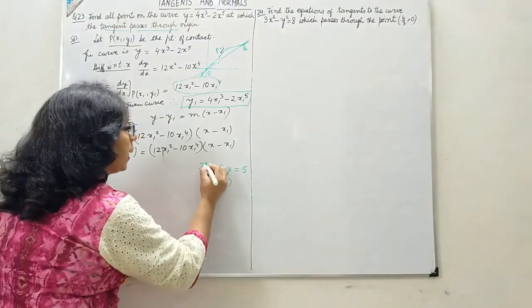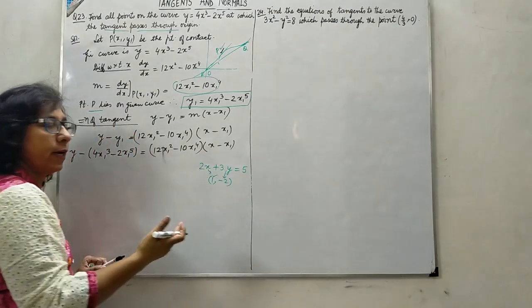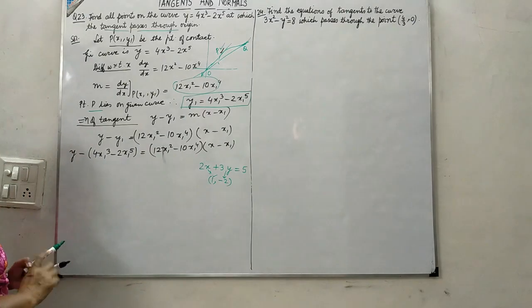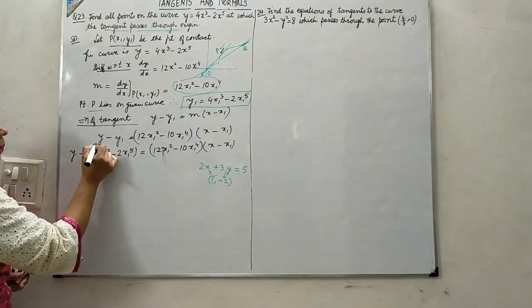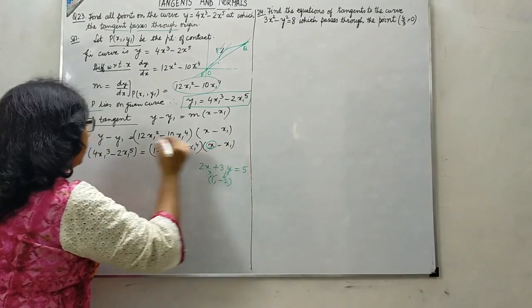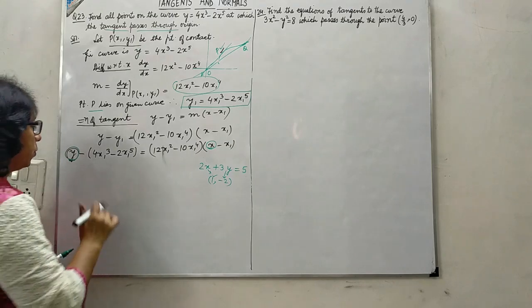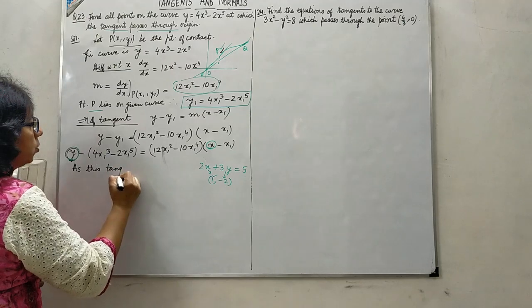I will substitute x as 1 and y as minus 2 and check whether it is passing through this point or not. So in the same way, if this tangent is passing through origin, we are to replace this x and y with origin.